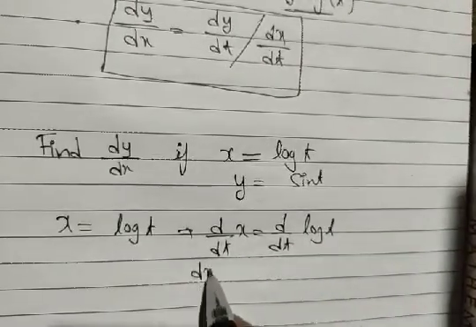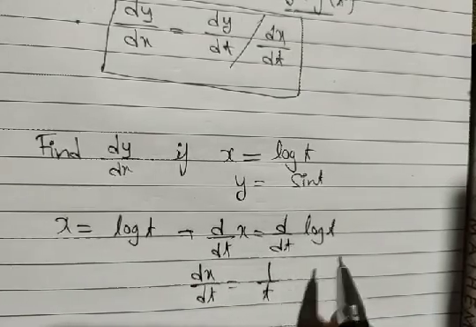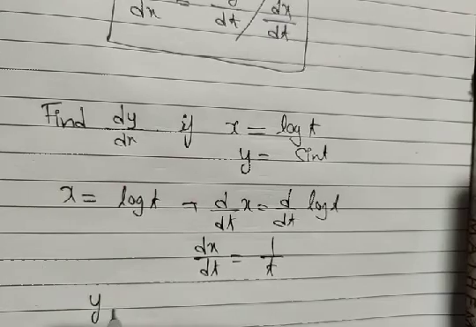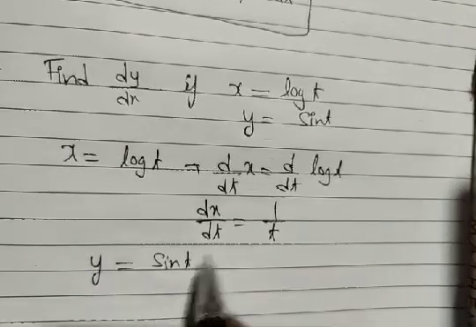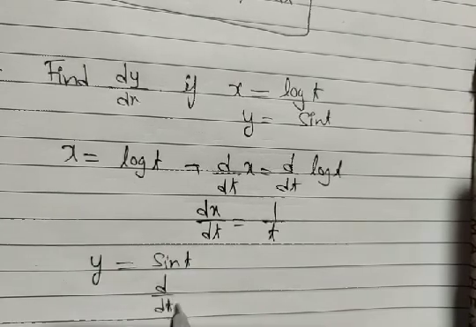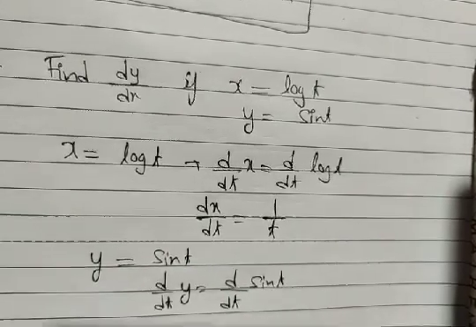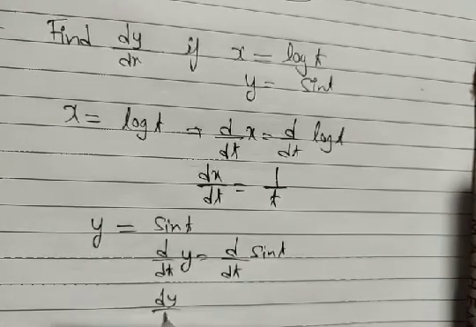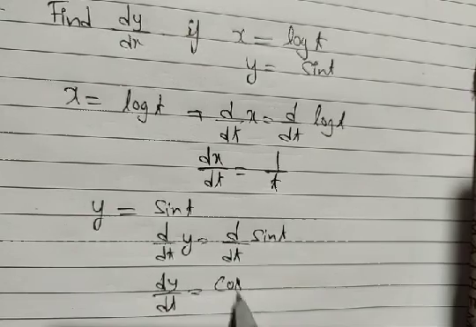What do we get? dx dt is 1 by t. Now we have y equal to sin t. Then we find d dt of y, which is d dt of sin t. What is the derivative of sin t? It's cos t.